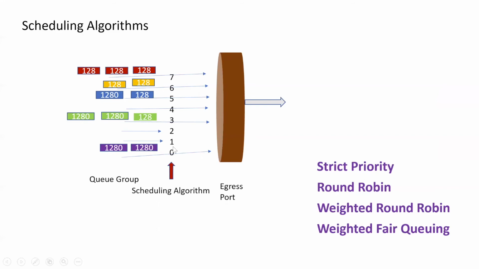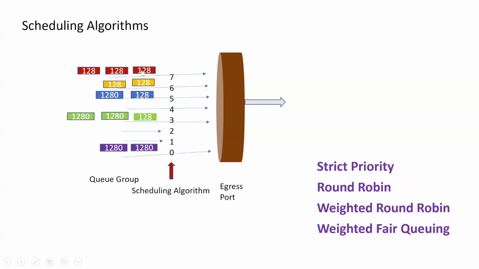Weighted round robin is, instead of just taking one packet from every queue, you can say how many packets you're going to take from a particular queue. That would be the weight. So say we gave queue 7, and I should be saying tap point, but I'm going to just continue to call them queues, 2, queue 6, 2, and then say 5, 4, 3, 2, 1, 0 all got 1.